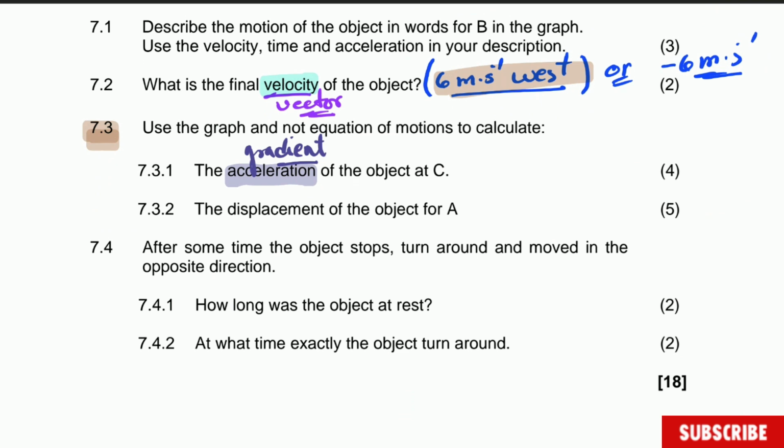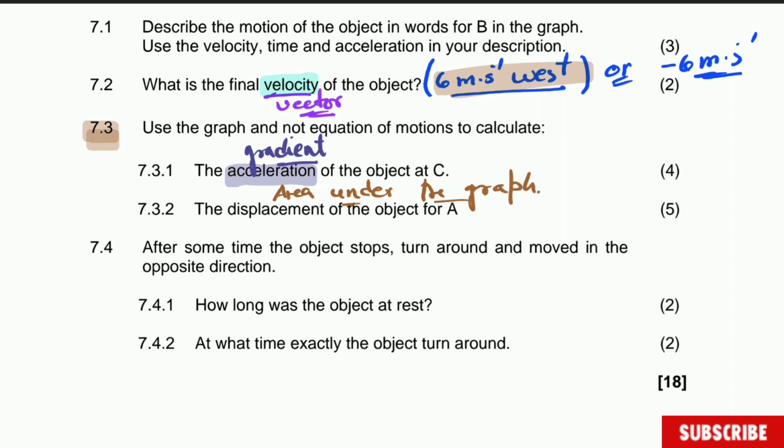They say calculate the displacement of the object for A, and note they say always use the graph and not equation of motion. So the displacement is going to be given by the area under the graph.